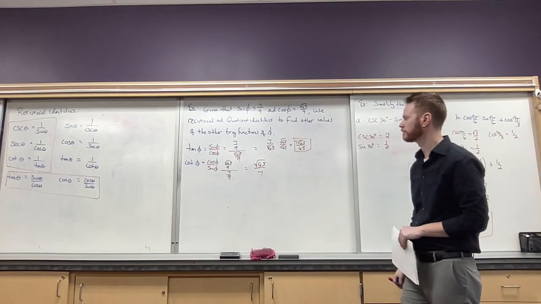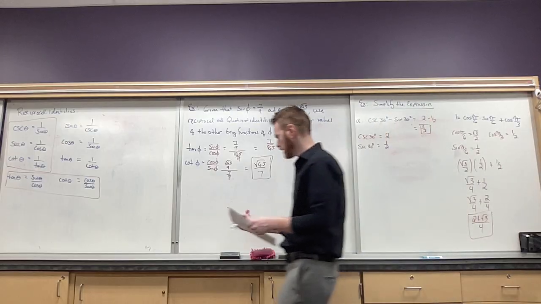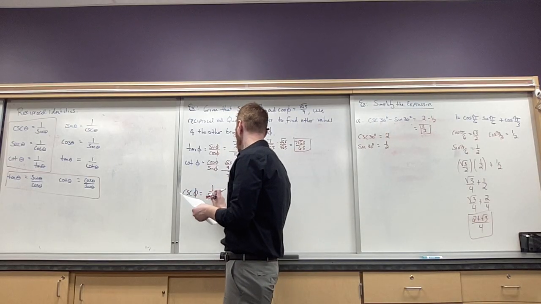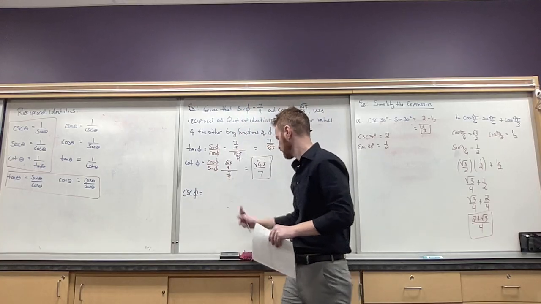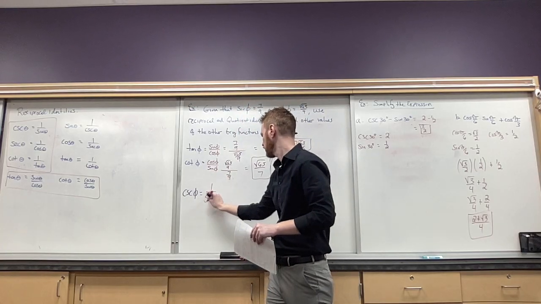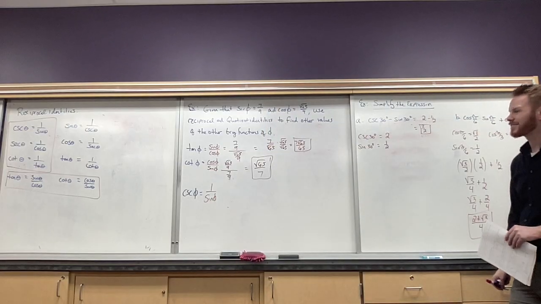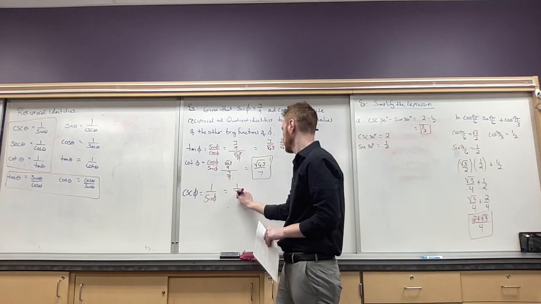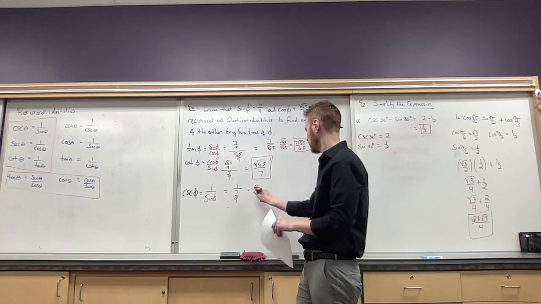The 9s are going to reduce out. Next, cosecant of phi. Same thing as 1 over sine. Can't destroy the flow of this. Sine was 7 over 9, so this is 1 over 7 over 9, which just flips it. So 9 over 7.